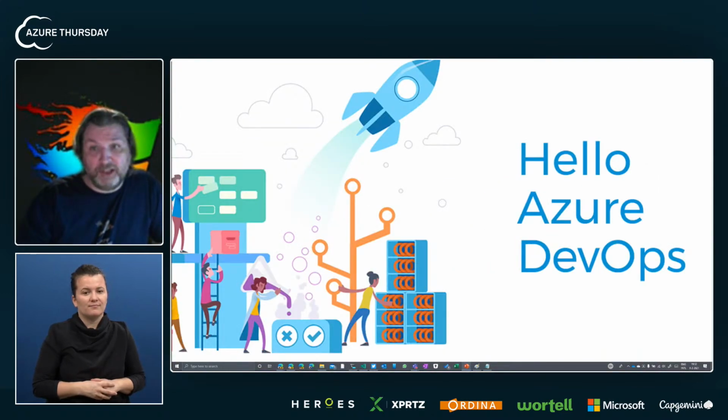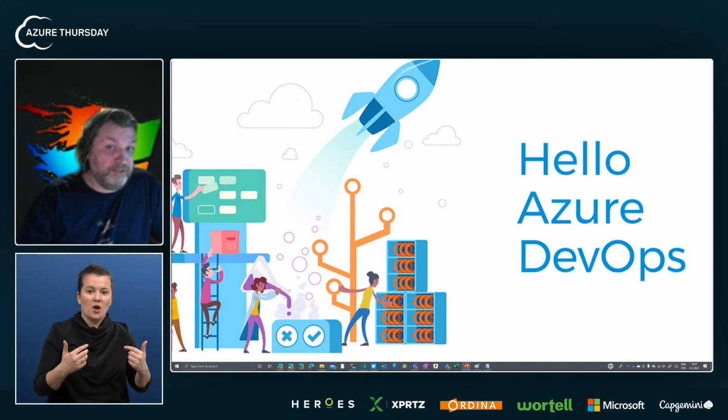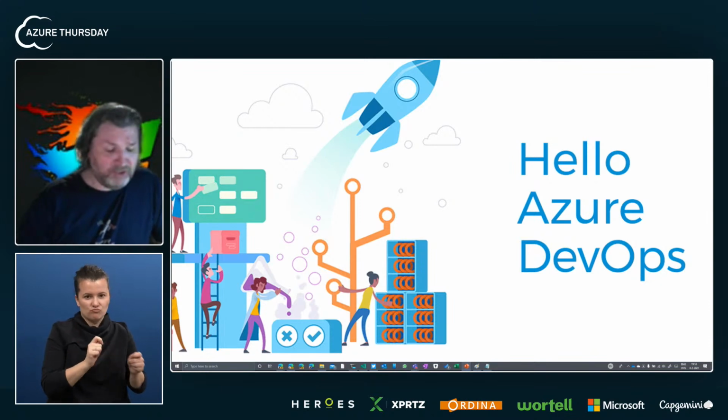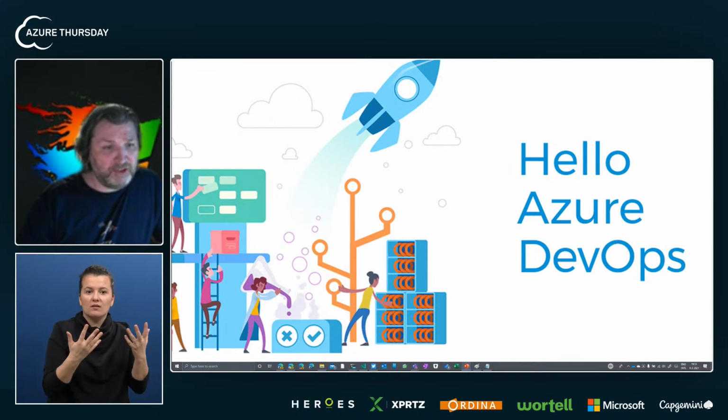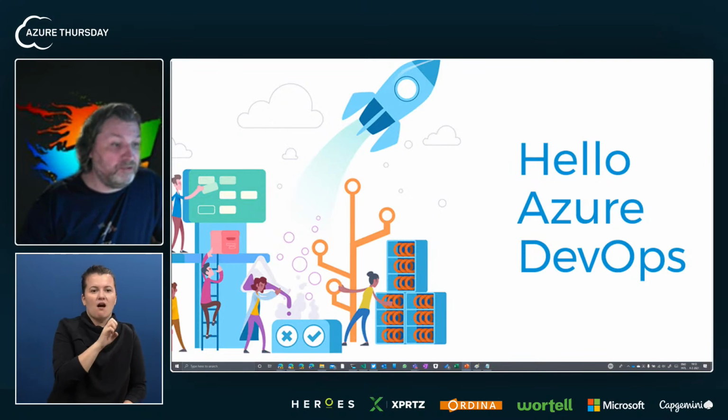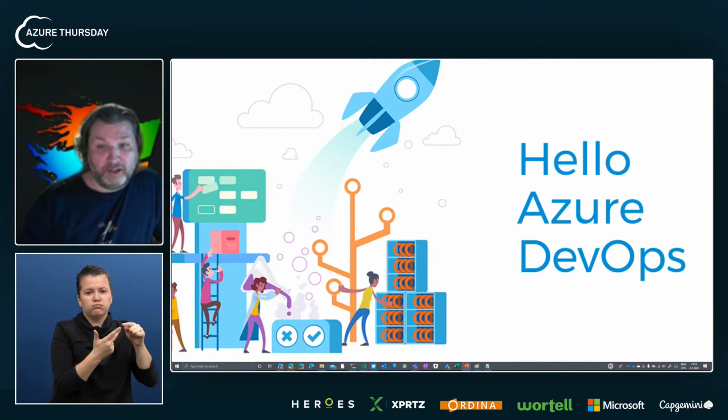So I'm using Azure DevOps for it, but many people also use actions from GitHub, I saw also someone in the audience. Many people put it also on GitHub Pages.